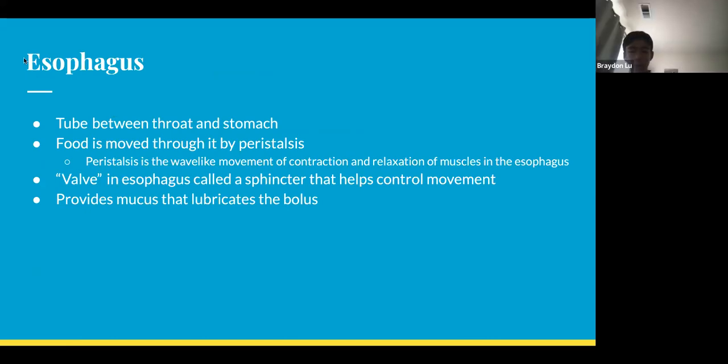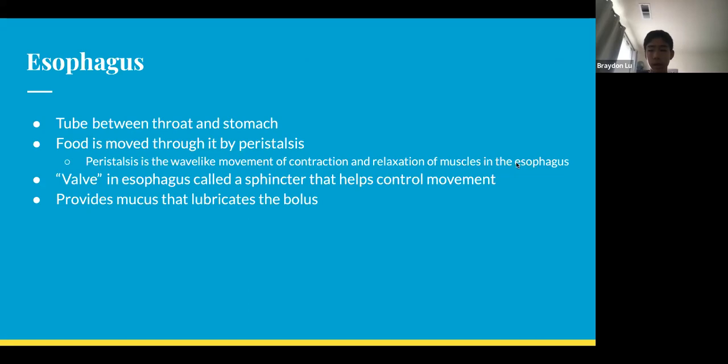Next we have the esophagus, which is the tube between the throat and the stomach. It's sort of like the other tube that connects to the larynx. In the esophagus, food is moved through by peristalsis, which is the wave-like movement of the contraction and relaxation of muscles.